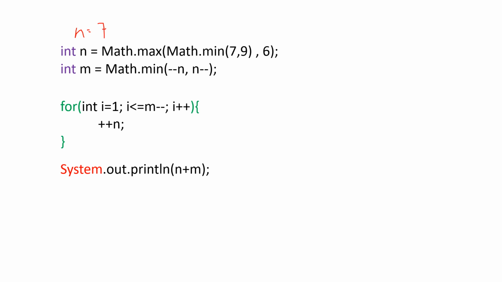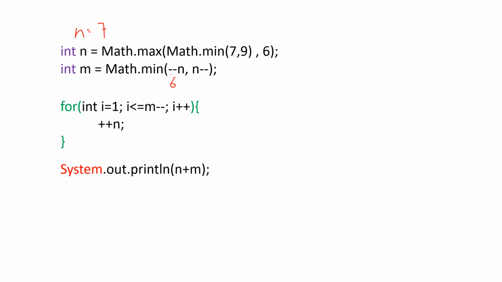Okay. So the next line is for variable m. It is Math.min(--n, n--). This is a combination of prefix and postfix both. The first one is a prefix operator, so the value 7 will get turned into 6 right at that instant.